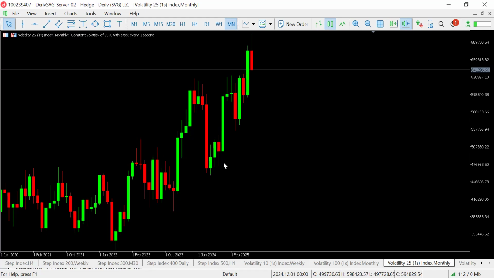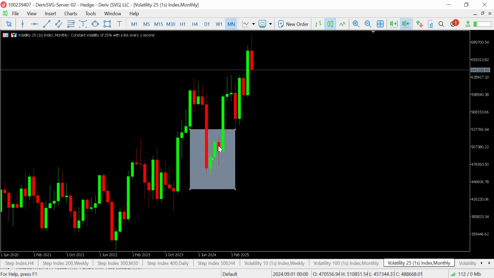So like I said, I like starting my analysis from the higher time frame, and on the monthly time frame, which we have here on my chart, you can see that for some time now, this particular index has been trending upwards. In other words, we have it making a series of higher highs and higher lows.